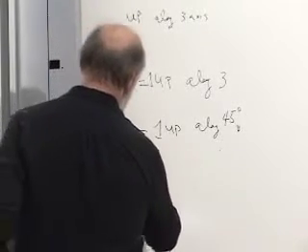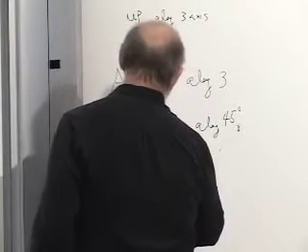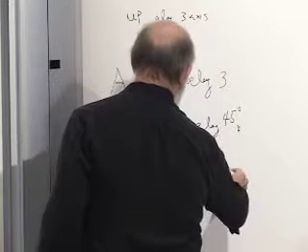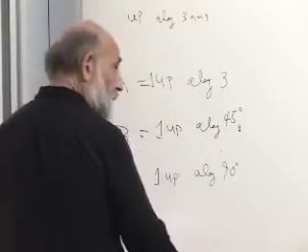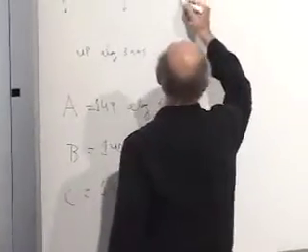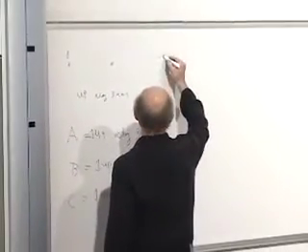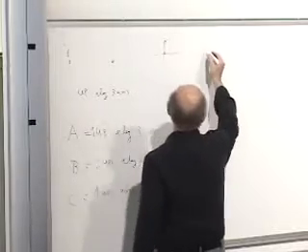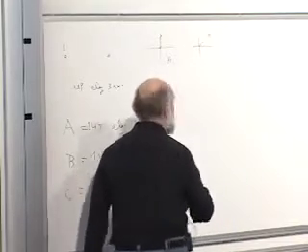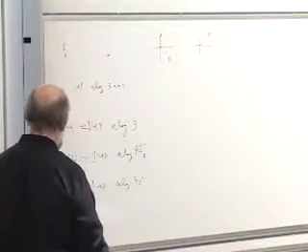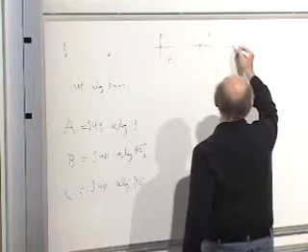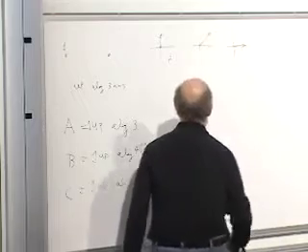And C says that spin 1 is up along the 90-degree direction in the ZX plane. Okay, so here's our picture. A says that the spin is up along the third axis. B says that it lies at 45 degrees along that axis, and C says that it lies at 90 degrees along that axis. A, B, C.